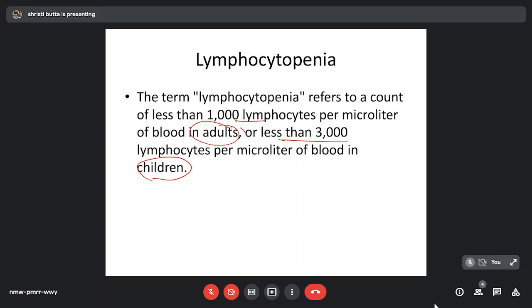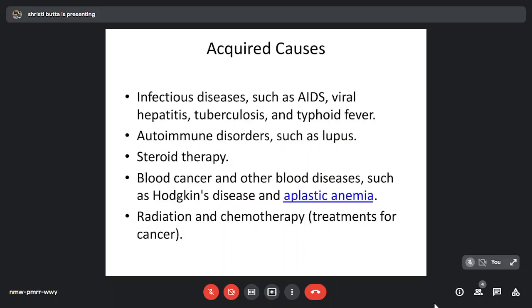As acquired causes, we also have autoimmune disorders like lupus, steroid therapy, cancers like Hodgkin's and aplastic anemia, radiation and chemotherapy. Inherited causes include certain inherited diseases like DiGeorge anomaly, Wiskott-Aldrich syndrome, severe combined immunodeficiency, and ataxia telangiectasia, and these inherited conditions are quite rare.